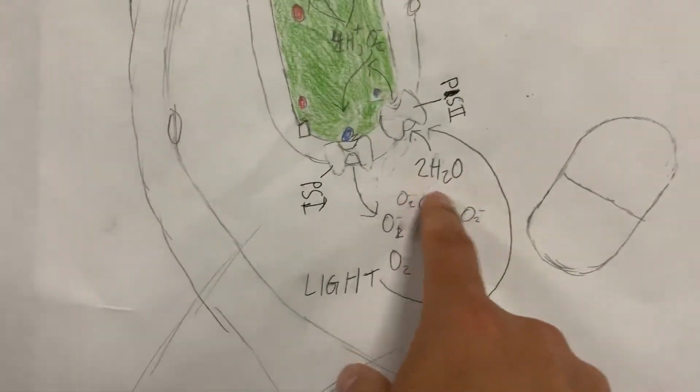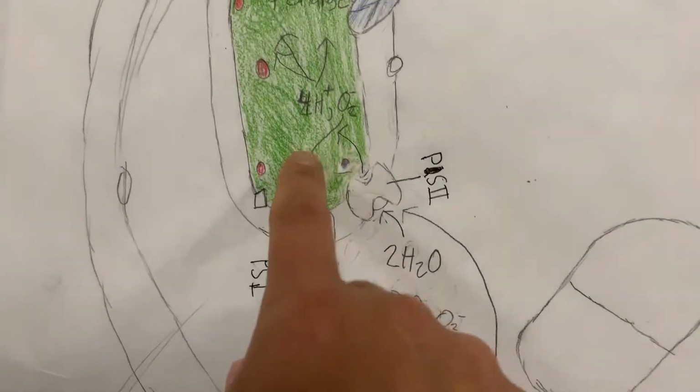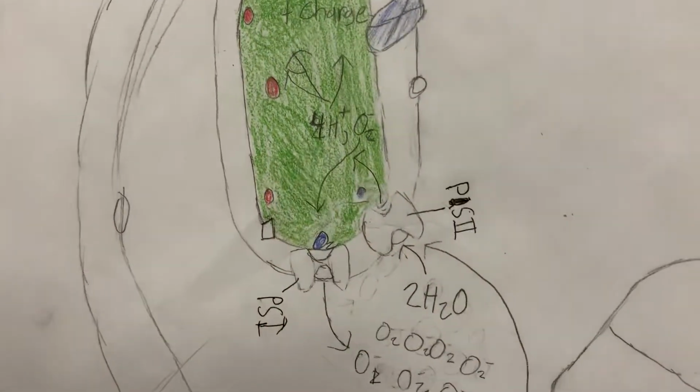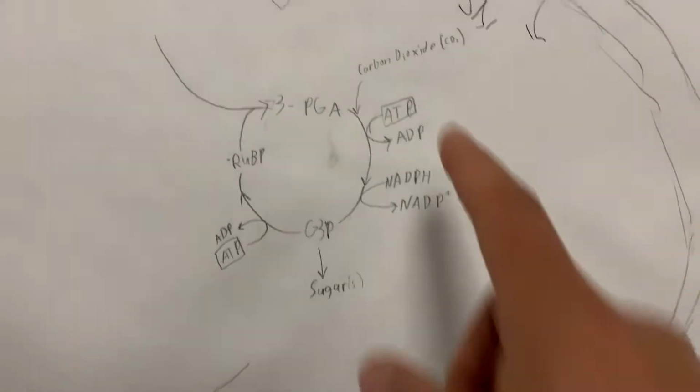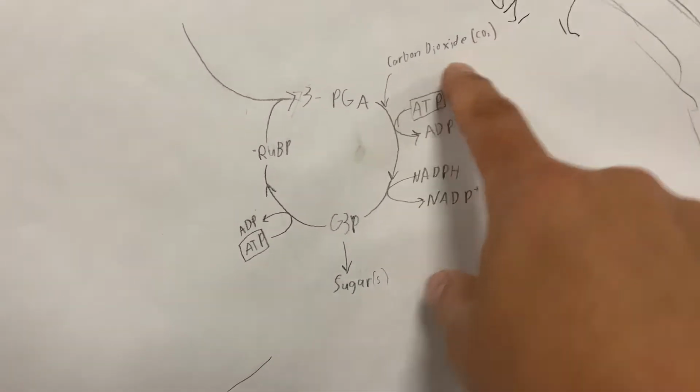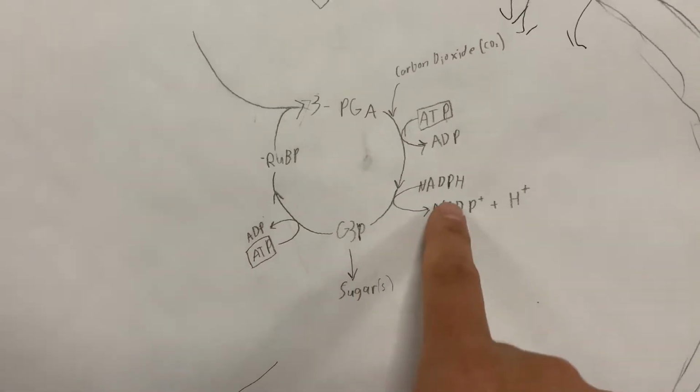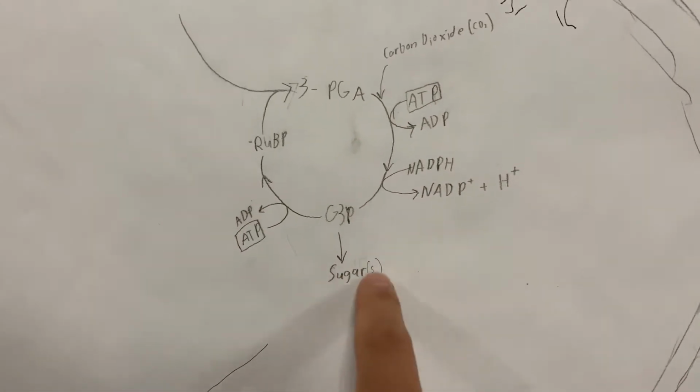Water is actually broken down inside, right? Water's broken down inside. And then Calvin, big ins, big outs: carbon dioxide, ATP, NADPH, and then that sugar there is glucose.